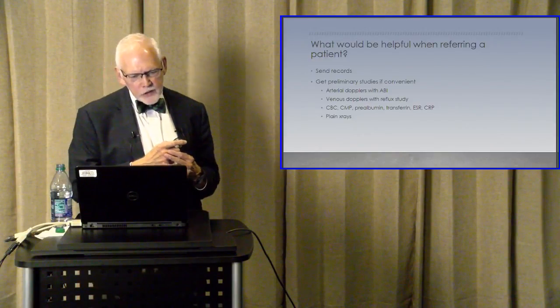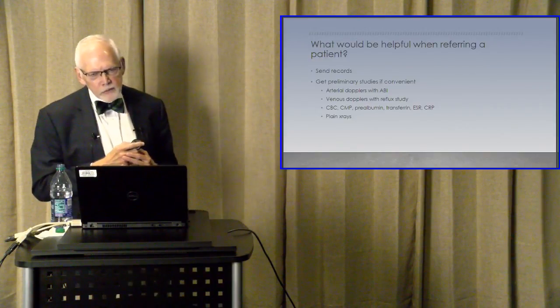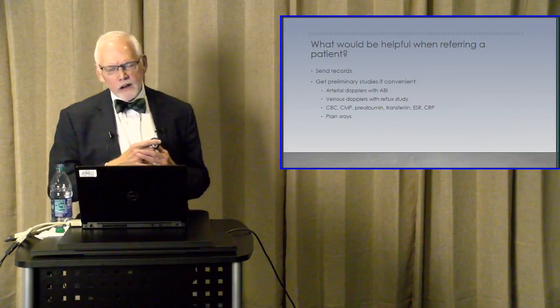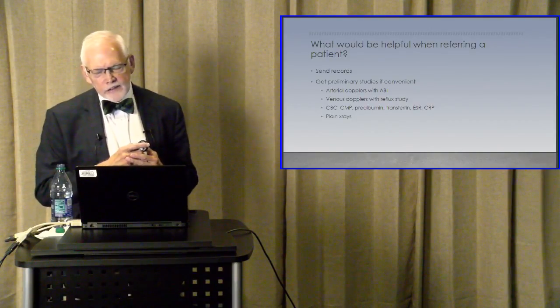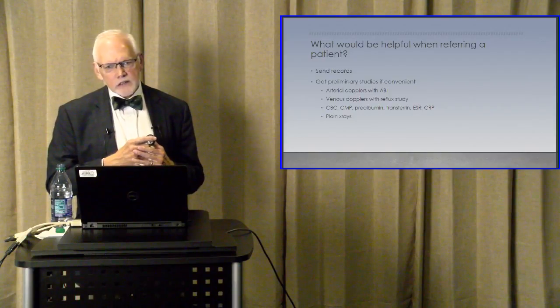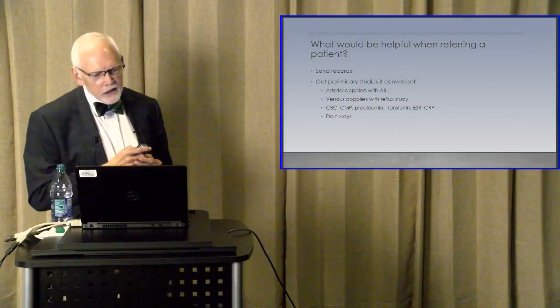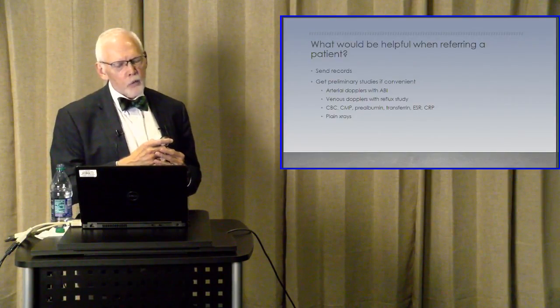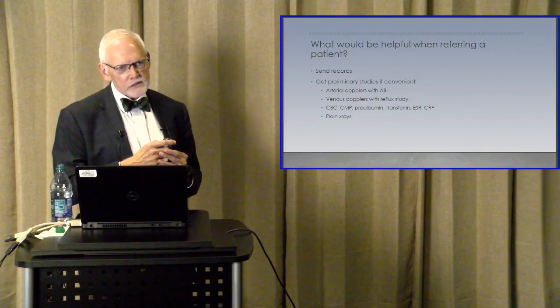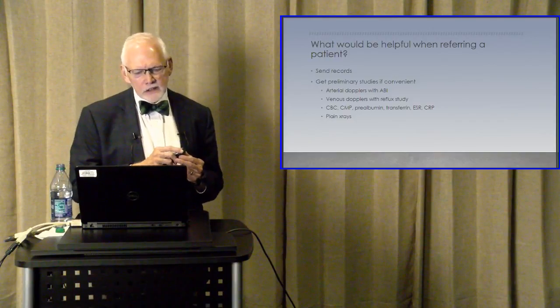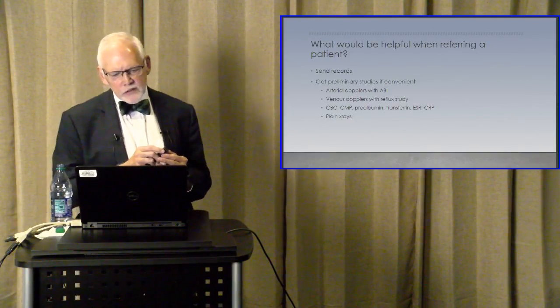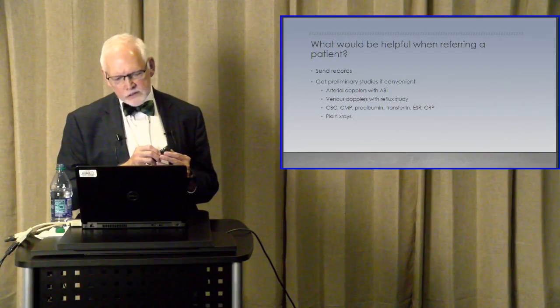Venous Doppler studies, don't just send them for ultrasound of the leg, because what you'll get back is there is no DVT. What you want to say is venous Doppler with reflux studies, asking the radiologist to specifically look for evidence of reflux.